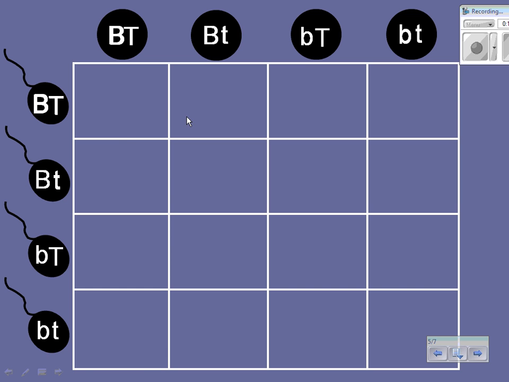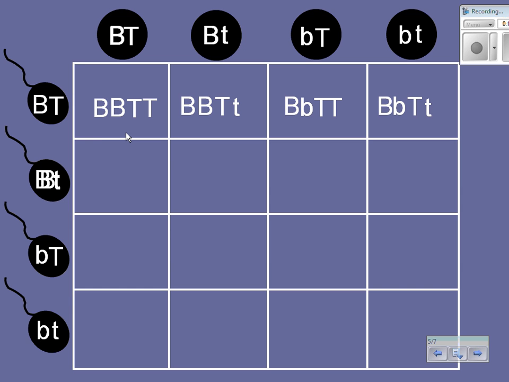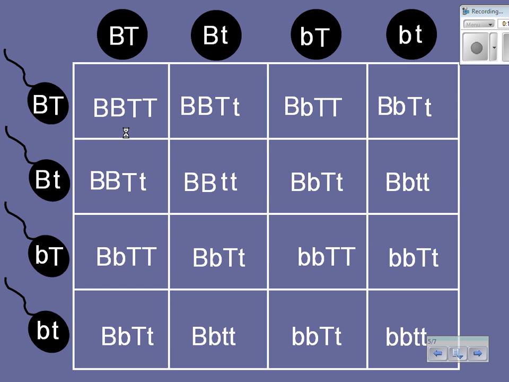Sperm are on the side, eggs are on the top, and each parent would donate a B, each parent would donate a T. So then you would fill this in. There's our Punnett square.